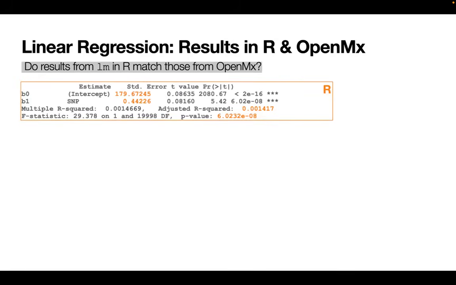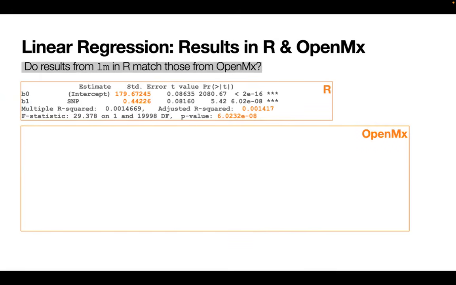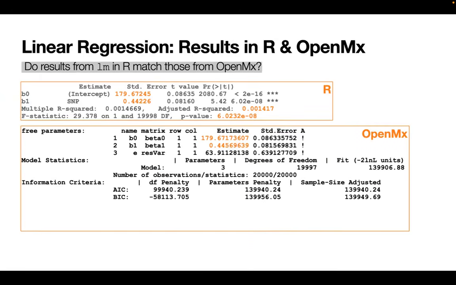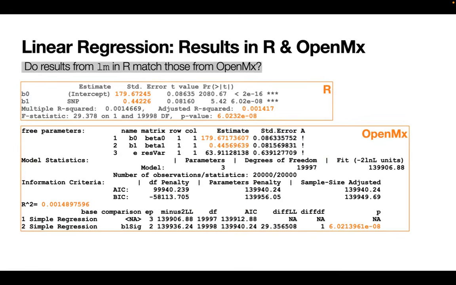So this is your typical output from the R code, where I've highlighted some of the numbers that are of most interest. And then we have the output from OpenMx, where you see that the estimates of the parameters are almost spot on, as are the estimates of the R squared and the significance level of dropping the beta 1 parameter from the model.